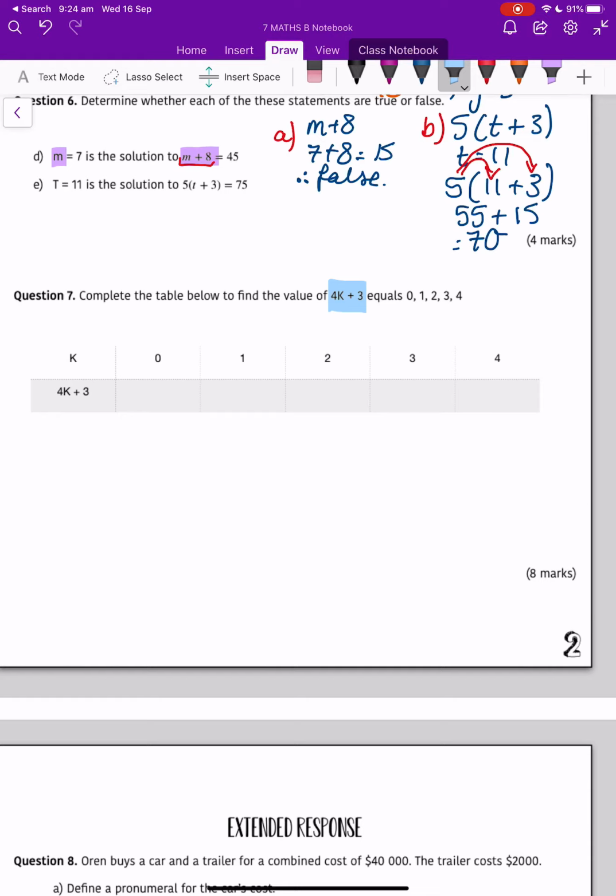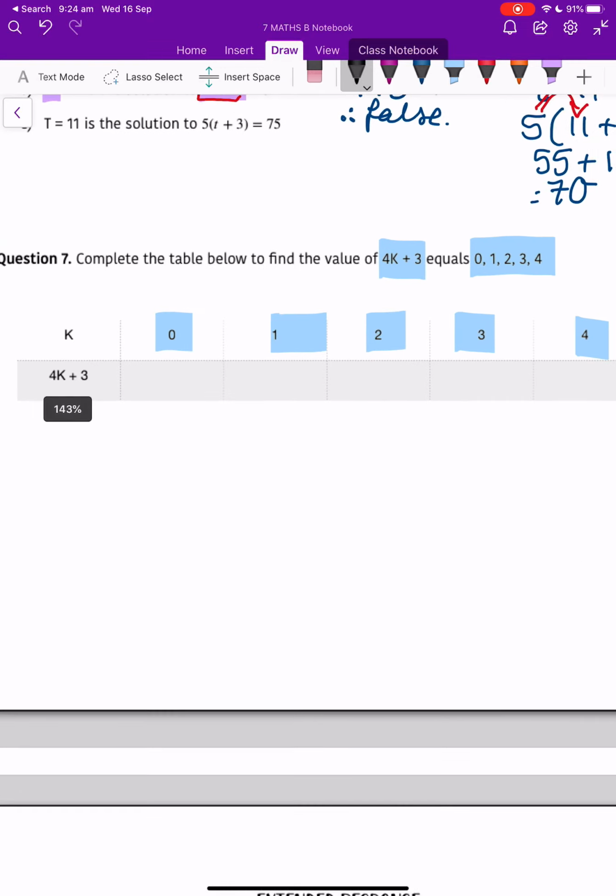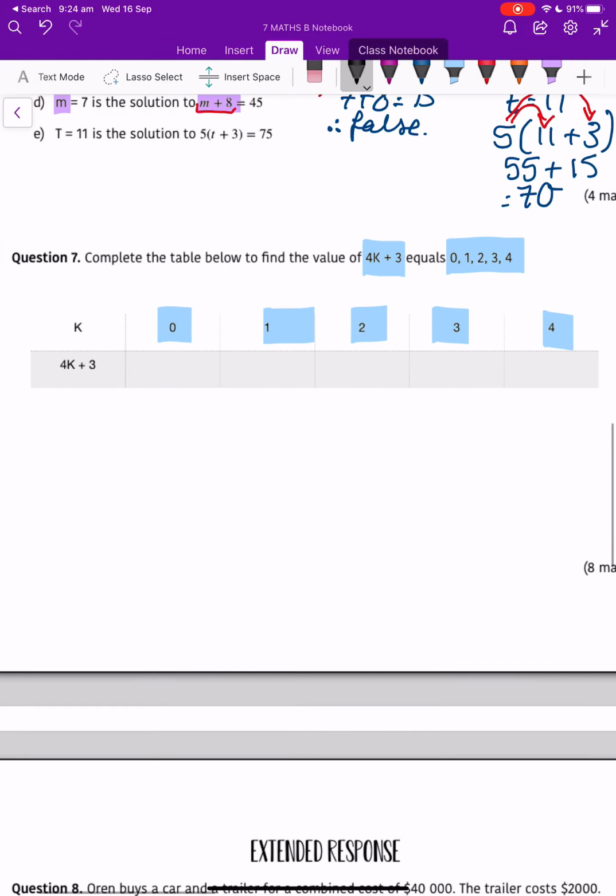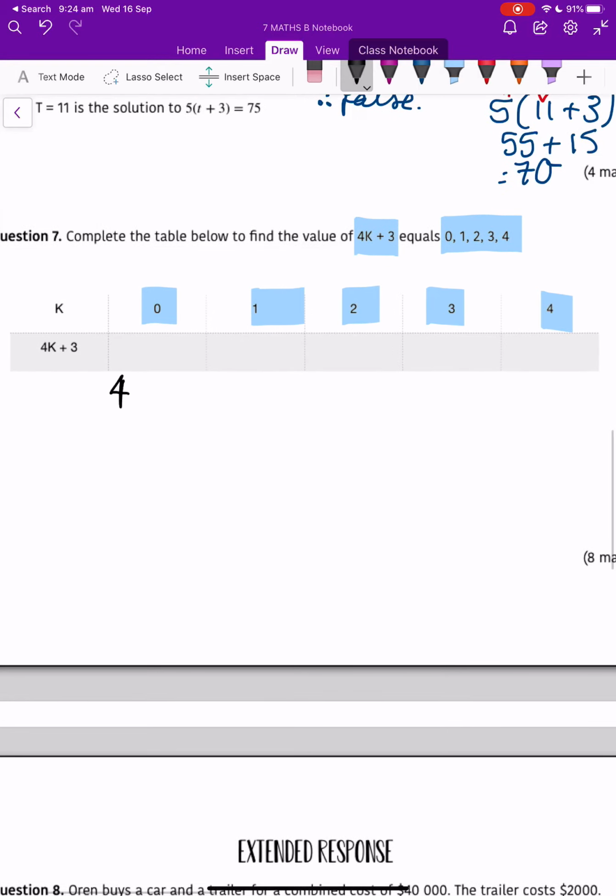And basically, we're just going to substitute these values, which are given in the table here. Okay? So in order to do that, we will do our working out just down here. So since the 4 is next to the k, whatever k is, it's going to be multiplied just like this. So 4 times 0 plus 3.